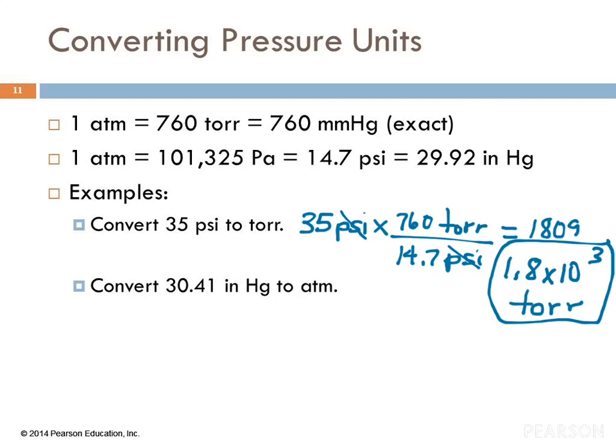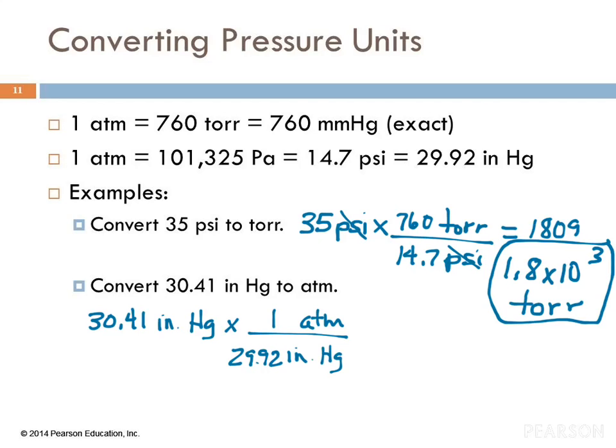Okay? Let's do this other one. 30.41 inches of mercury. And we want to convert that to atmospheres. So we multiply by atmospheres, we divide by inches of mercury. We look in the table, 1 atmosphere is 29.92 inches of mercury.